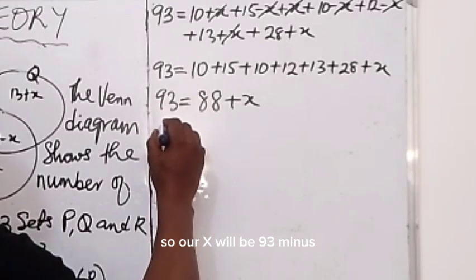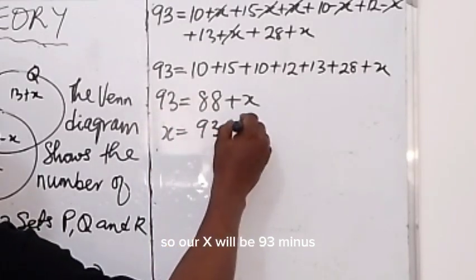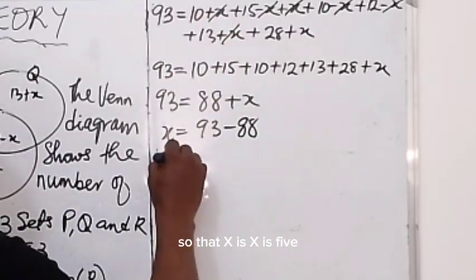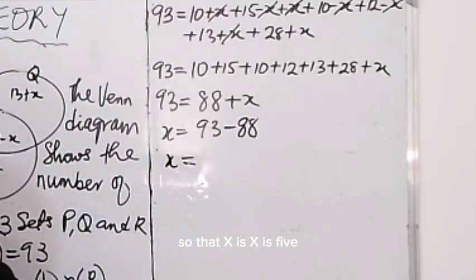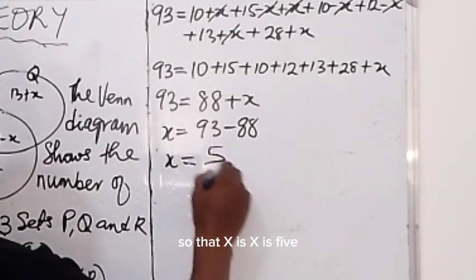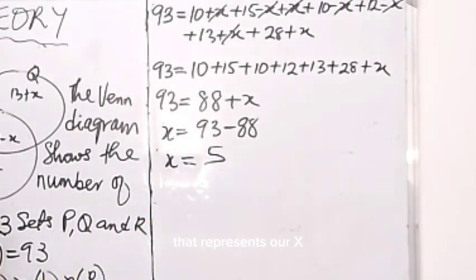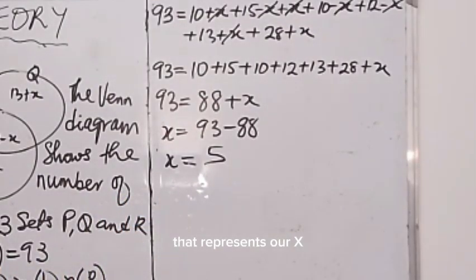So our x will be 93 minus 88. So that x is 5. So my dear students and viewers, that represents our x. What I just solved right now is the A part of this question.